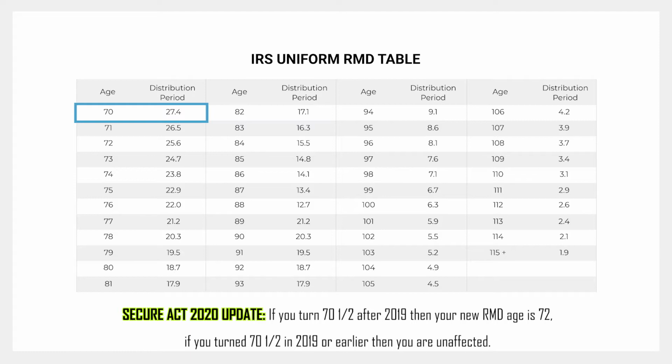So if you turn 70 and 70 and a half in the same year, your RMD factor will be 27.4. You can see how the RMD factor decreases each year, essentially making a higher percentage that you're required to take out of that account.